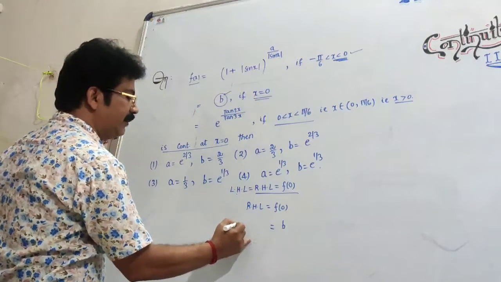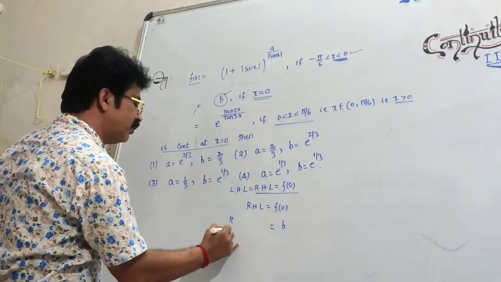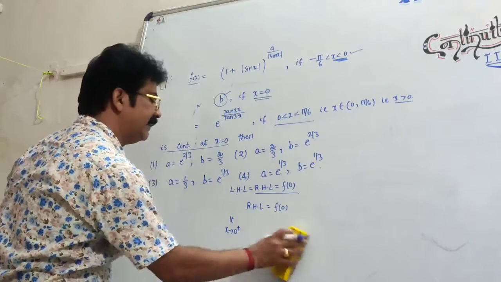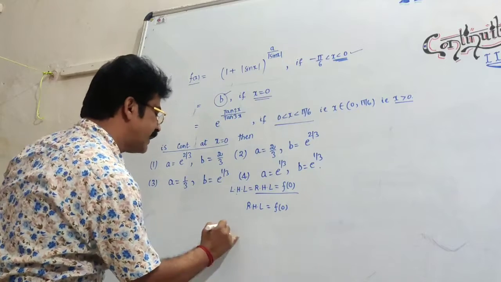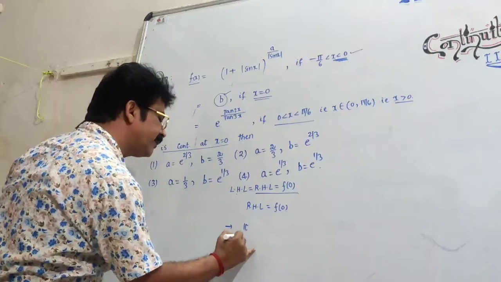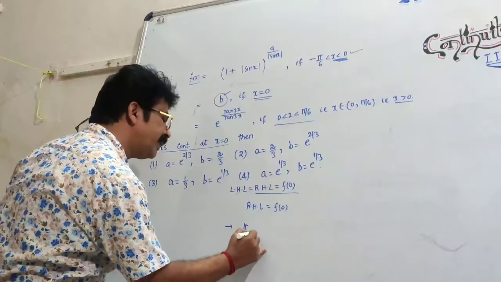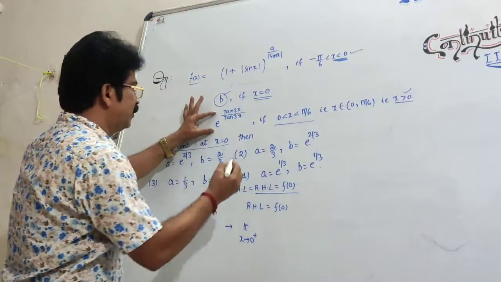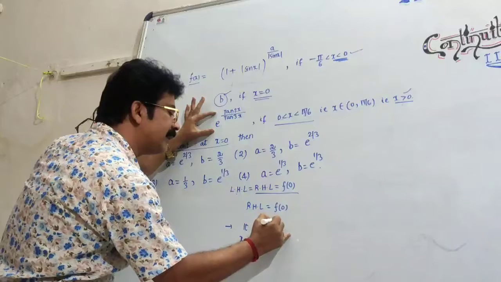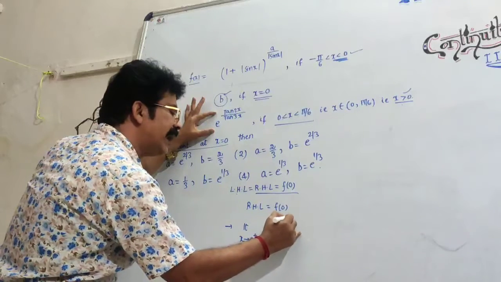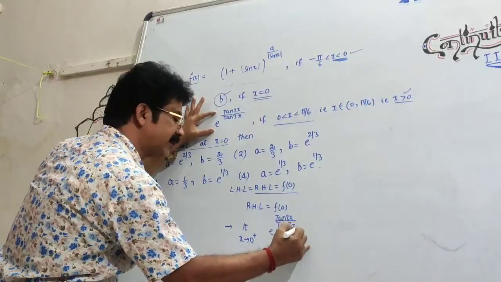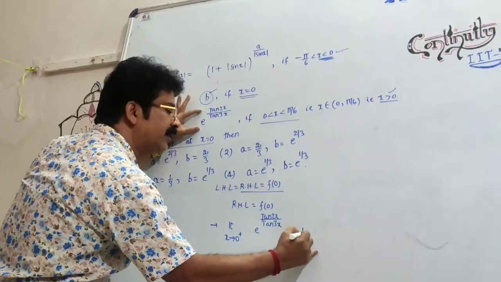So what is RHL? Limit x tends to 0 plus, meaning greater than 0 case. So simply, e power tan 2x divided by tan 3x, that is equal to f of 0, which is b.